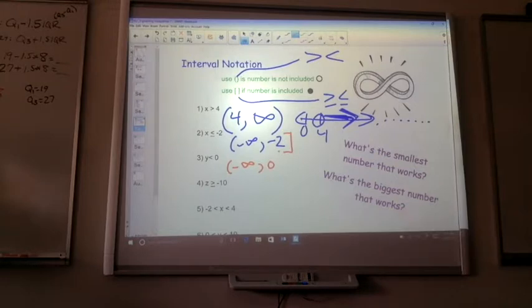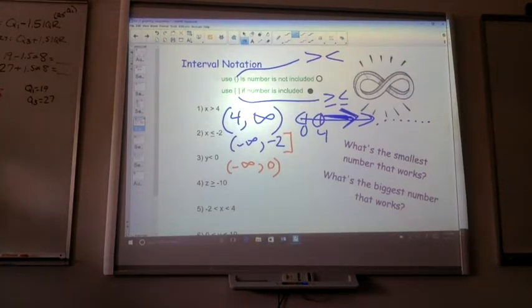It's one of your answers. 0 included, yes or no? No. Why not? It's not an equal to. There's not an equal, so it's not included, so it's a rounded bracket. That's all it is. This is just a way, it's called interval notation. You are to work through it.